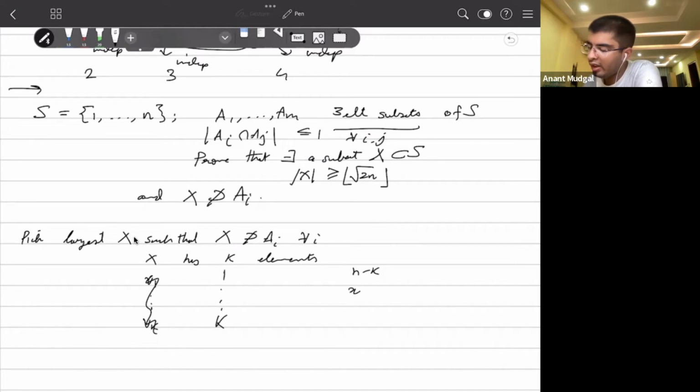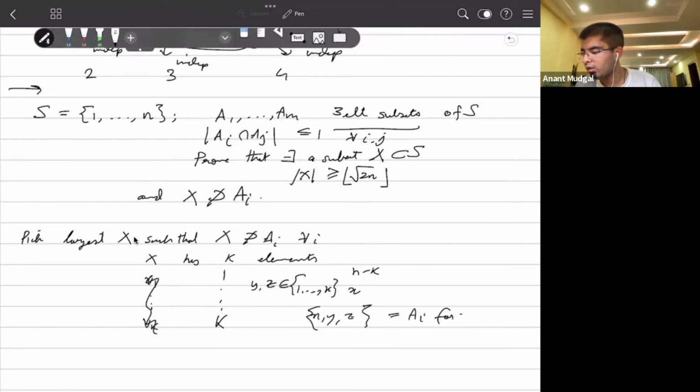If you pick anything x over here, because X is largest, you can't add this little x to big X. So the moment you add it, some problem has to arise. Some problem arises if you have two elements y and z over here such that xyz is one of these A_i.